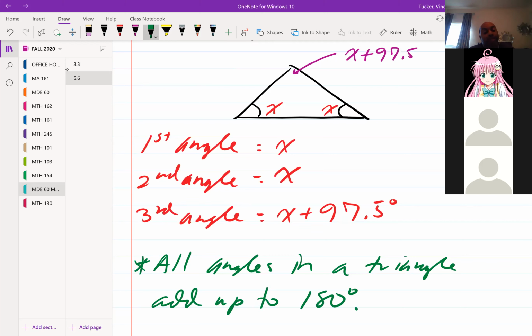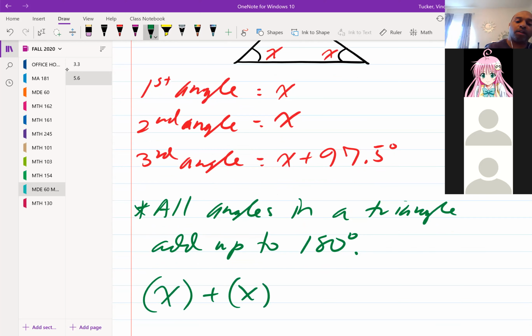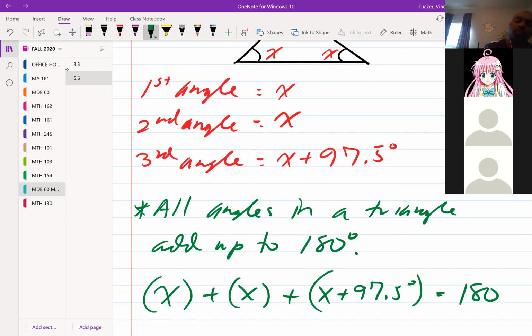Notice they didn't mention that, but they expect you to know that. Whenever dealing with a triangle and its angles, very rarely do they even mention that those angles add up to 180, because they expect you to know that part. So we're going to add each angle and set it equal to 180 degrees.